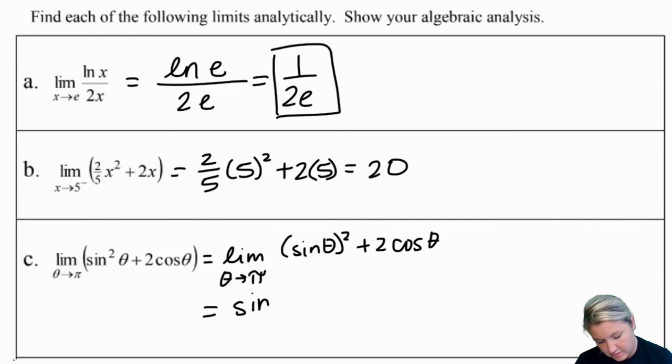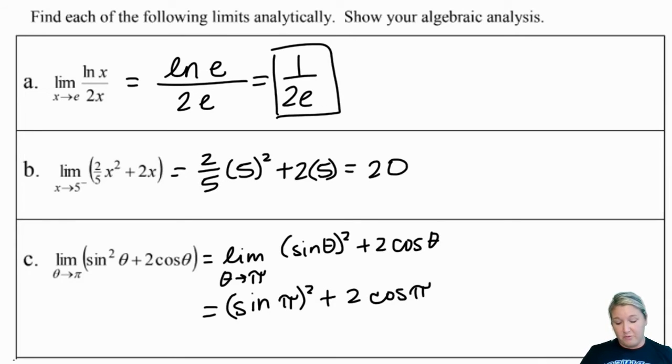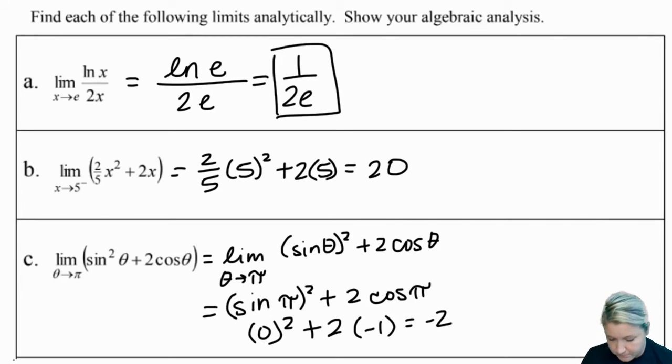So sine of pi squared plus 2 times the cosine of pi. The sine of pi is going to be 0. So this is 0 squared plus 2 times the cosine of pi, which is -1. And so therefore, I'm going to get -2 here.